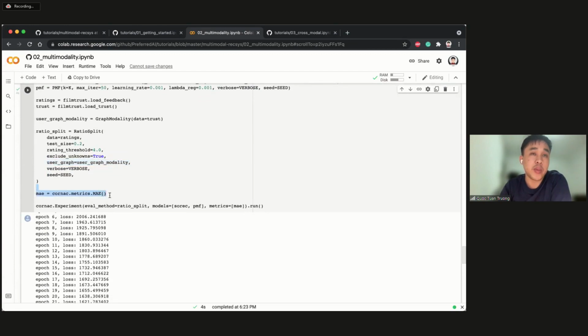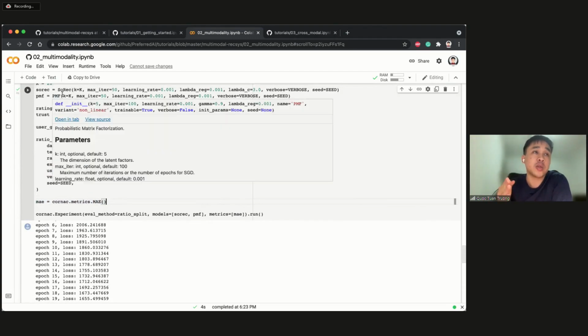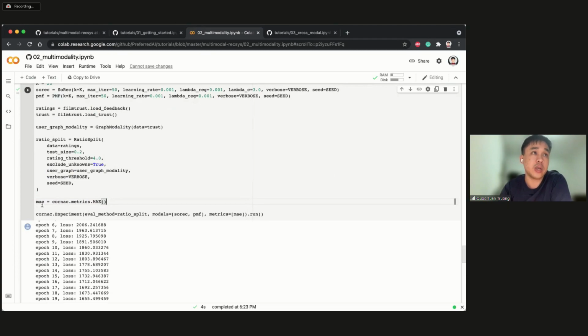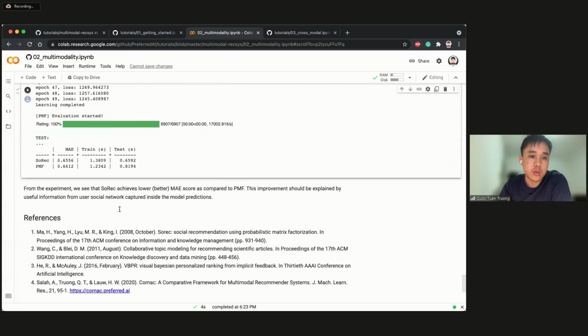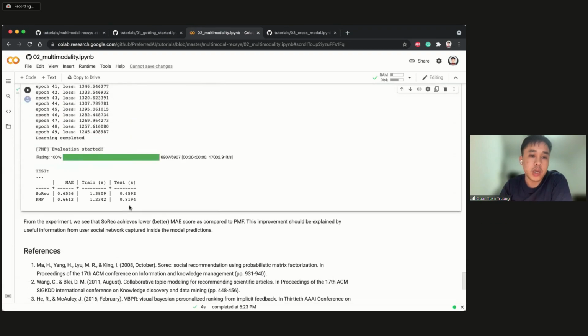In this case, we report MAE because these two models, PMF and SoRec, are trying to do regression on the rating value, so we measure the absolute error of that regression. The results of these models are quite comparable. We see a small improvement in reducing the error for the SoRec model.